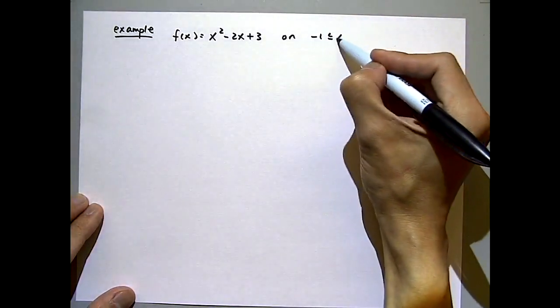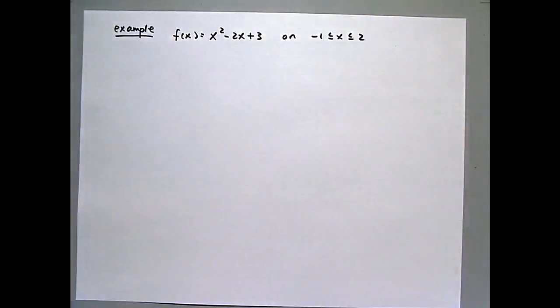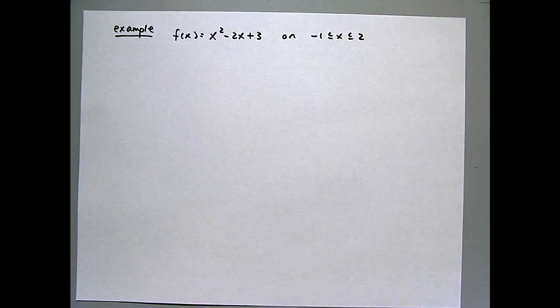Okay, let's see how much you remember. We're trying to find the absolute maximum and minimum of x squared minus 2x plus 3 on the interval minus 1 to 2.